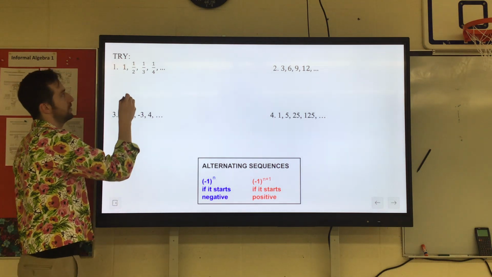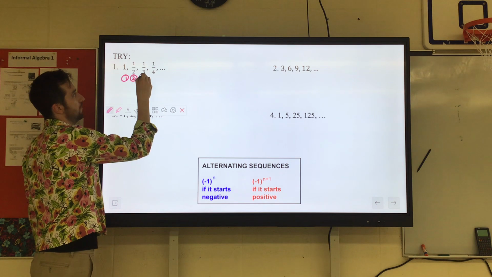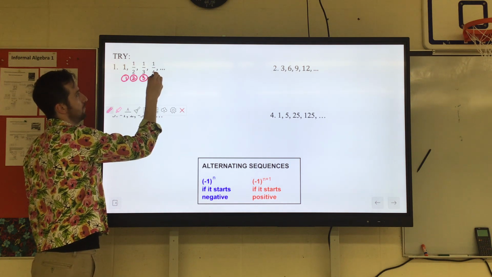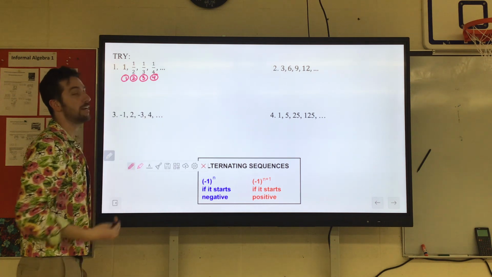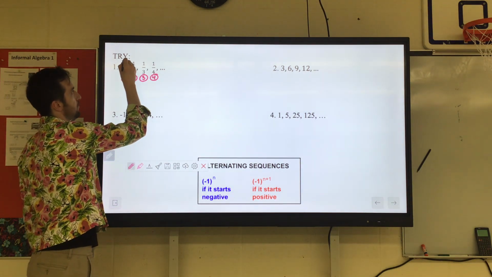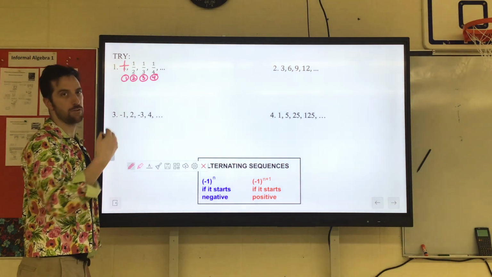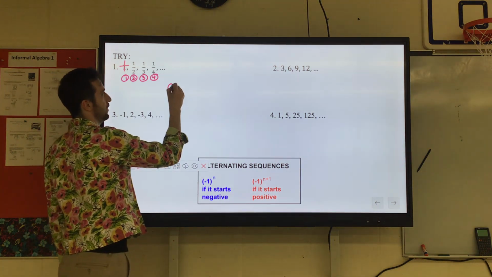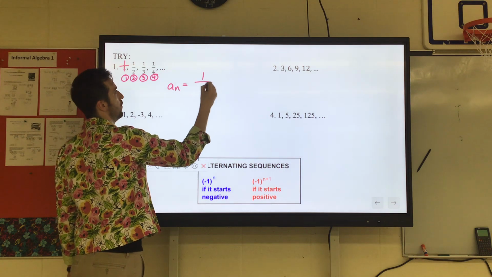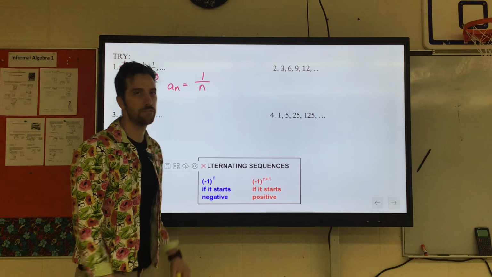So if you look, this is our first term, second term, third term, fourth term. Hey, those line up kind of with the denominator, don't they? This 1 isn't a fraction, but if it was, it'd be 1 over 1. So it's always 1 over the term number. 1 over n. So if they said, what's the 50th term? It'd be 1 over 50.